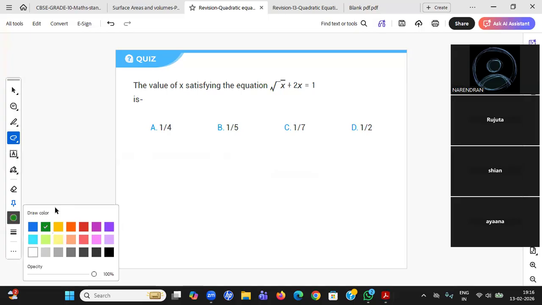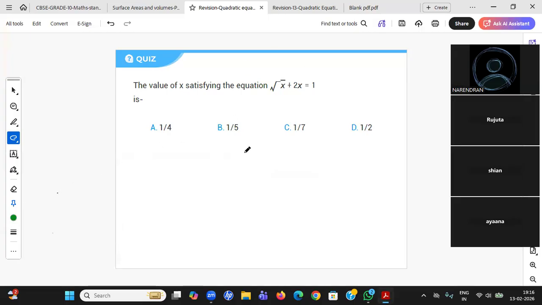Yes, Rujita. How to proceed, beta? Shall we square on both sides, Rujita? Narendran, yes.